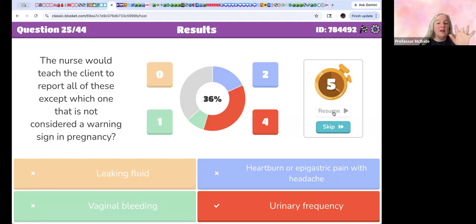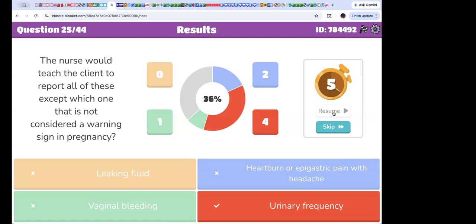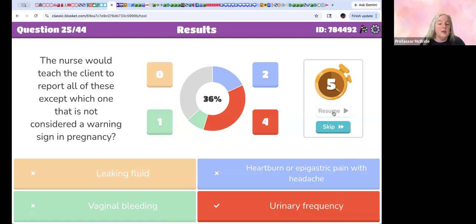Okay. Everything else on here could be concerning, right? If she's leaking fluid, unless she's term, if she's having vaginal bleeding, if she's having the heartburn and epigastric pain and a headache, what could that be? Preeclampsia.